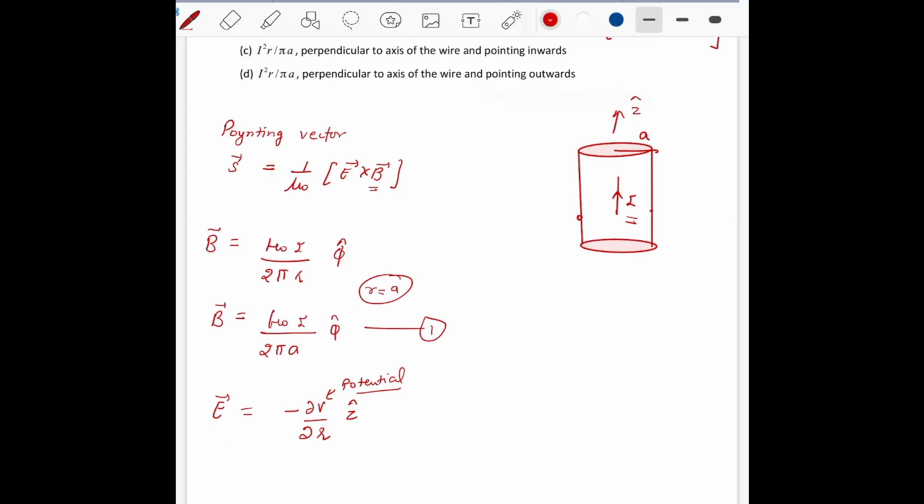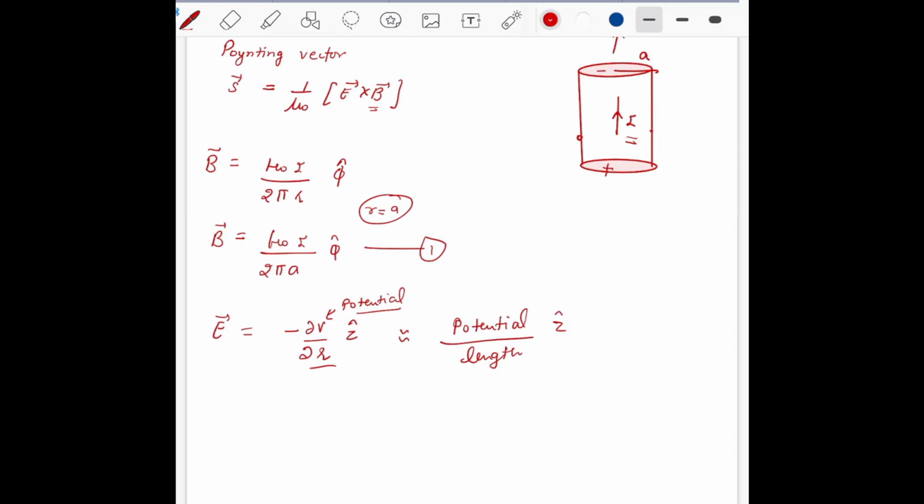Here, if the current is flowing, that means this is the negative end and this is the positive end. So we can take it as the potential divided by the length. Here is the length element in the z cap direction. I'm just talking about the magnitude here. So the magnitude of E is given by potential upon length.